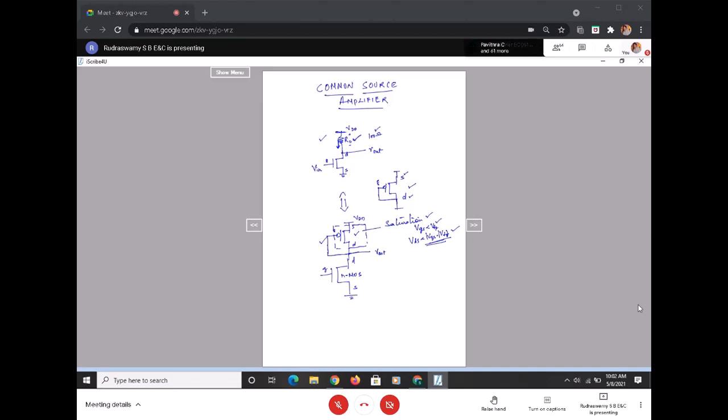Now I can say this is a constant current source, because it is operating in the saturation, provided this condition holds.